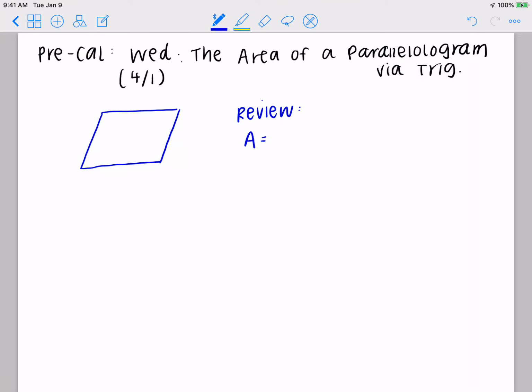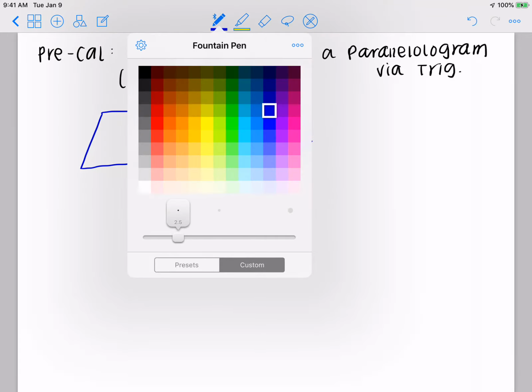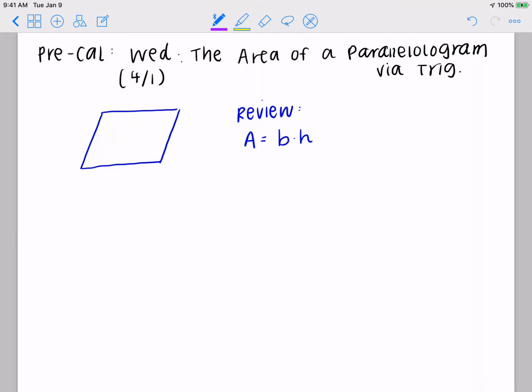A is just equal to base times height. Because if you look at the base, which is right here, the height is just going straight down. That's the h of it. Think about this triangle right here. I can easily move it and fit it right here.